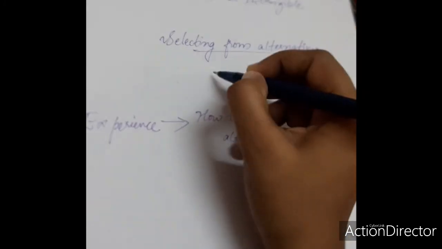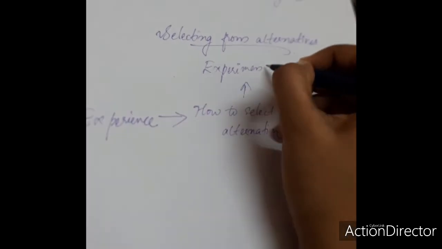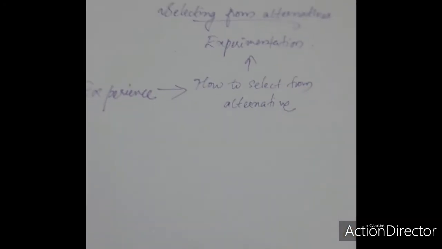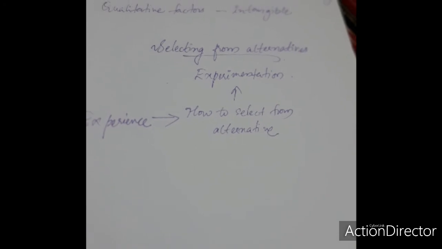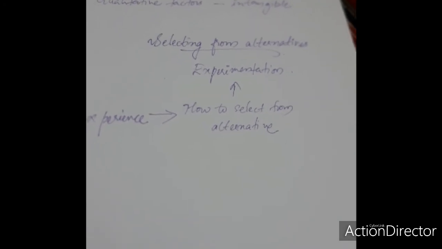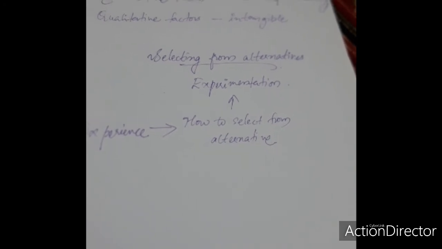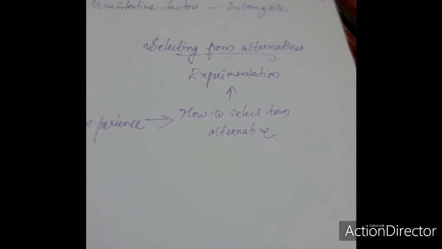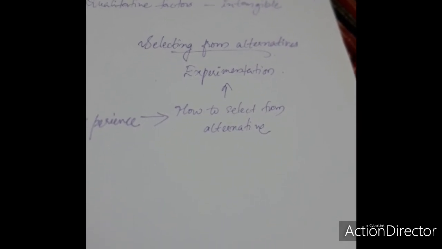Second one is experimentation. This is a very usual way of doing it: trying one of the alternatives and seeing how it goes, and if it doesn't work out, then we'll go on to the next alternative, and likewise it happens. That is experimentation, trying out new alternatives and seeing what happens to the final result.